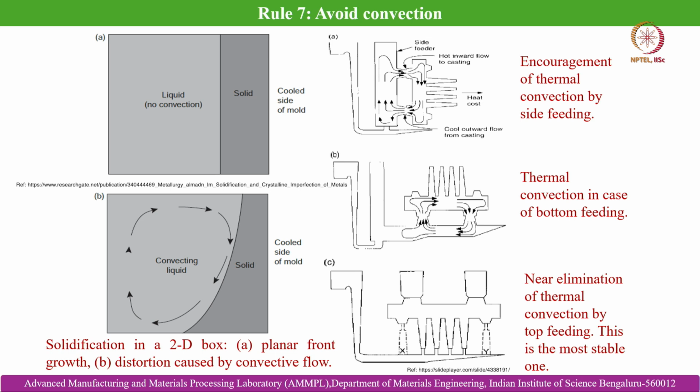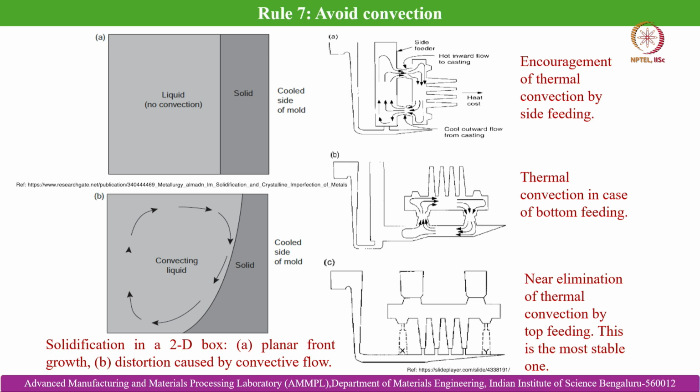It is very difficult to completely eliminate convection, because it happens due to natural convection within the solidifying mold cavity, because of several contours present within the cavity, and it is more common in alloys with a significant solute component. This triggers thermosolutal convection.